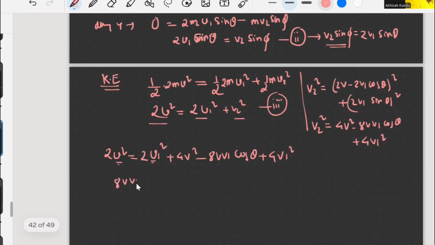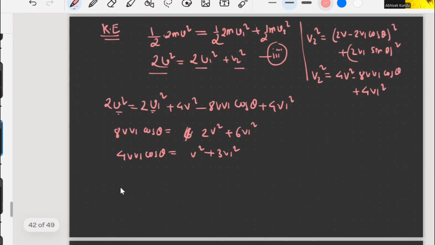So 8v v1 cos theta, I can write 2v square plus 6v1 square. I think that is right. So that means 4v v1 cos theta is v square plus 3v1 square. So I can write cos theta as v square plus 3v1 square by 4v v1.